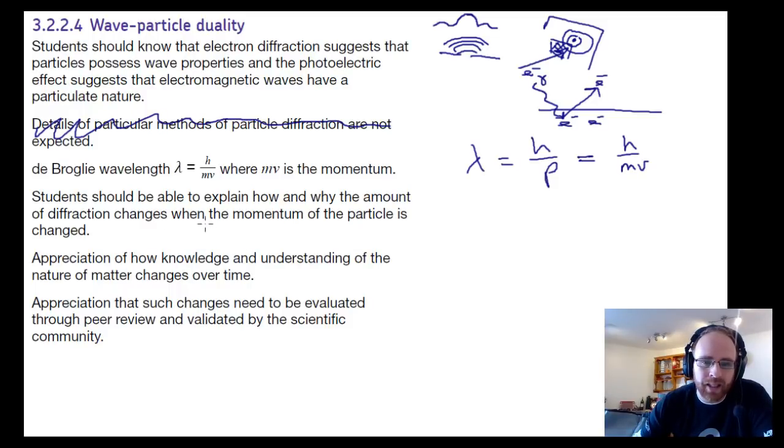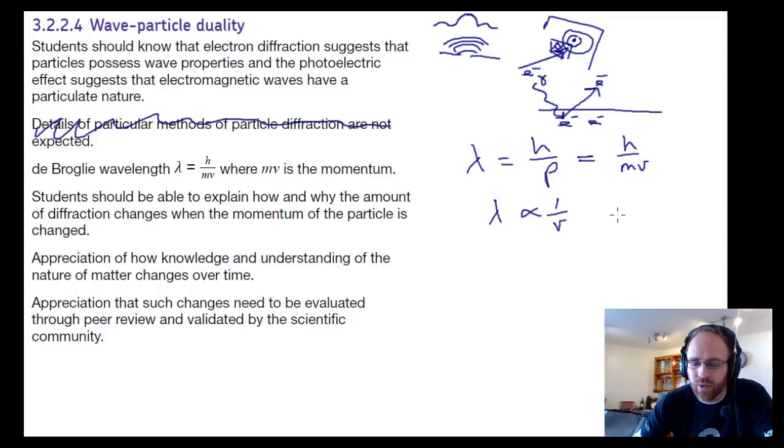Students should be able to explain how and why the amount of diffraction changes when the momentum of the particle is increased. So if I have an electron, it's a fixed mass, the Planck constant is a constant, but I can change the velocity. So the wavelength is proportional to 1 over the velocity of the electron.